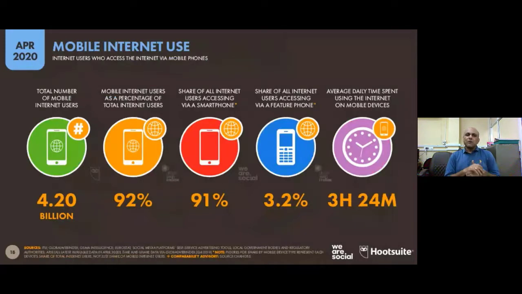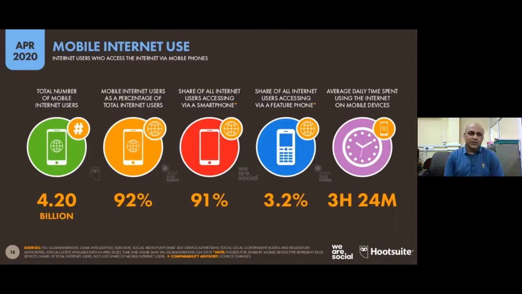Here is mobile internet use. Mobile internet use obviously is increasing day by day, and in the time of COVID, for example, entire education and a lot of other services are online, and therefore there's a continuous exponential growth in the use of internet on mobile. The total number of mobile internet users is about 4.20 billion.